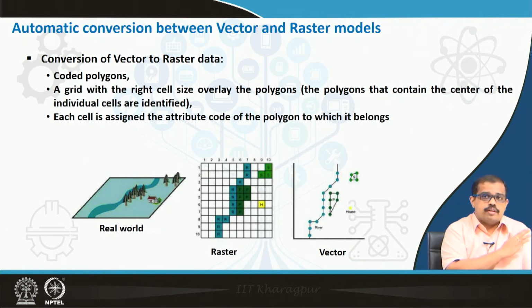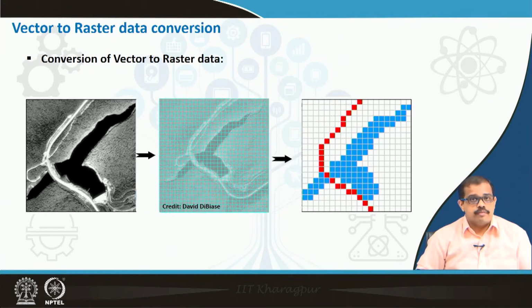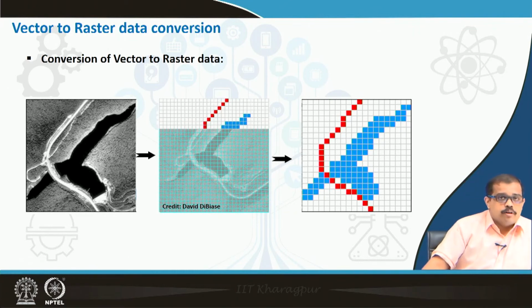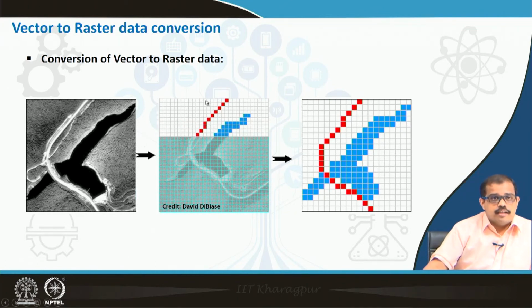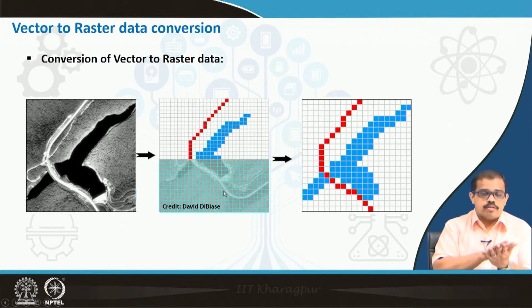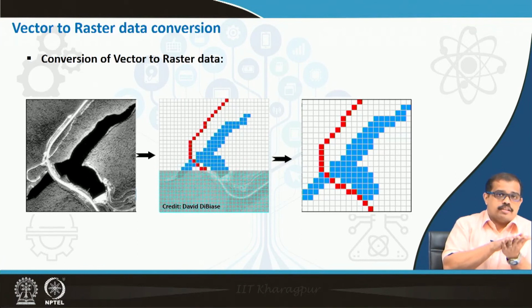For example, first we have converted it to boundaries. Once you have converted it to a boundary, then you convert it to a polygon. Fine. So, to show you how you convert vector data to raster data, for example, if it is something like this. Okay. So, this is vector data. If you remember, this was vector data, now this was a line. Now, you overlay that with a grid.